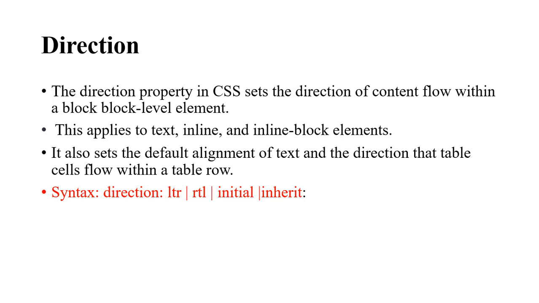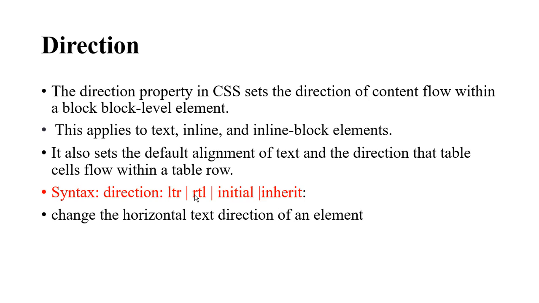And here is the syntax for giving a direction to CSS content, where LTR stands for left to right and RTL stands for right to left. Using this syntax, it will change the horizontal text direction of an element.